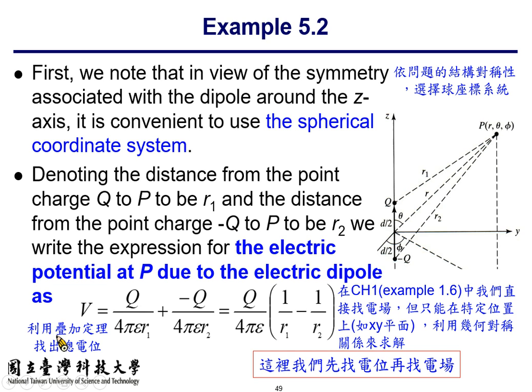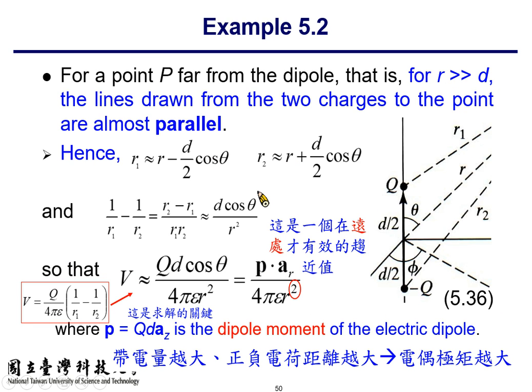So what we can do is find an approximation of what we have in the small parentheses, so that the problem can be simplified. If P is placed far, far away from the origin, then the line R1 and the line R2 are about parallel, and the distance is about the same.